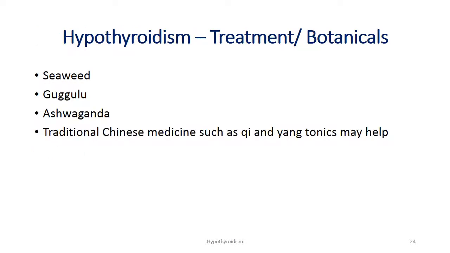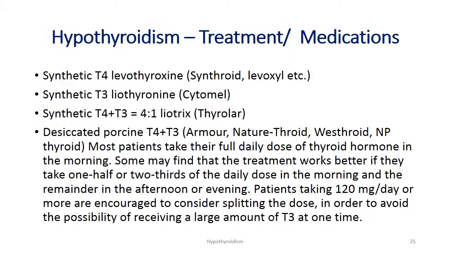There are also certain botanicals that can be helpful in the treatment of hypothyroidism. The provider must be knowledgeable about these botanicals and their interactions with any medications. Perhaps the most controversial part of hypothyroid therapy is the use of correct medication.